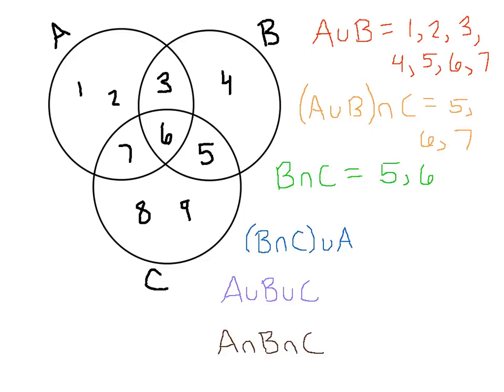So our answer is going to be 1, 2, 3, 5, 6, 7. It's everything in A, but it's also in this intersection right here. So that's going to be 1, 2, 3, 5, 6, 7.